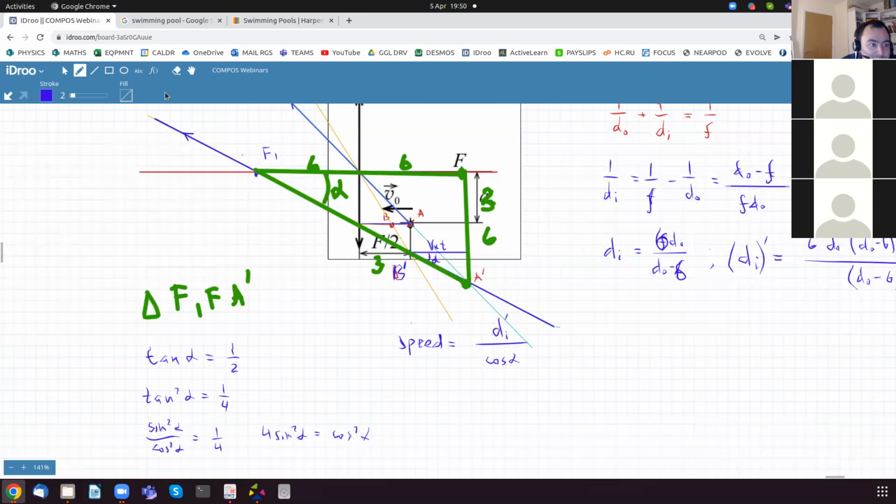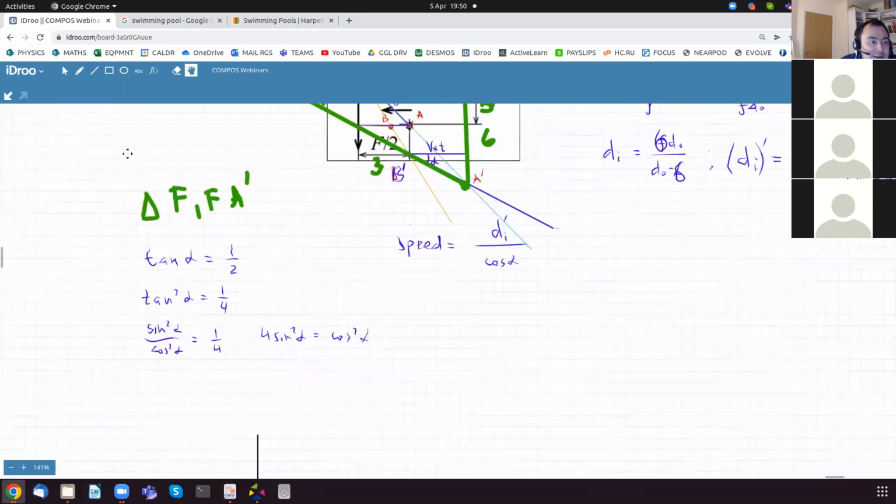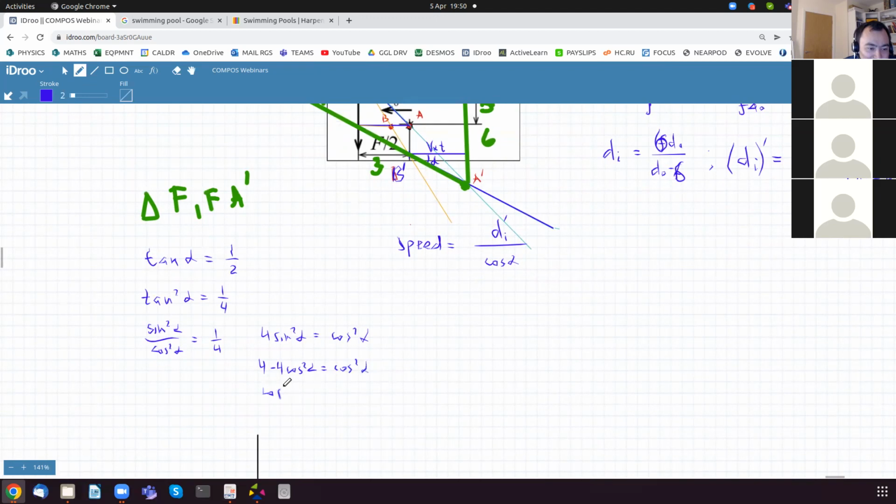I'm doing crisscross. I need cosine, so it's 4 minus 4 cosine squared alpha equals cos squared alpha. So cos squared alpha equals 4/5. So cos alpha is equal to 2 divided by square root of 5.